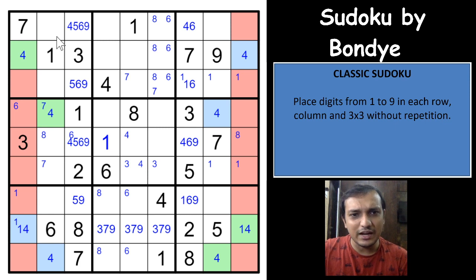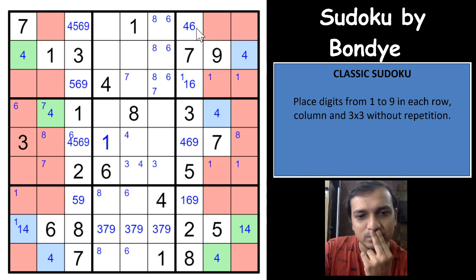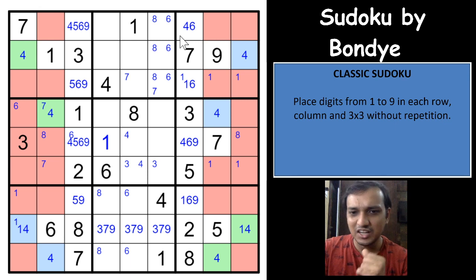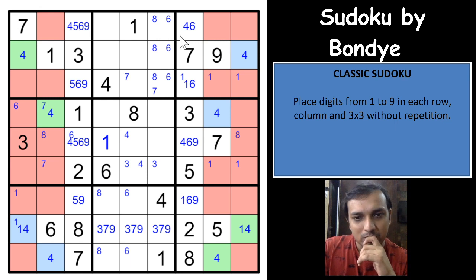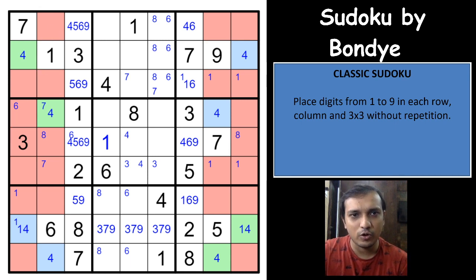And which means that none of the other cells will have 4 in that column, right? Excellent. Is that helpful? Let me see. Because now none of these red cells can have a 4.